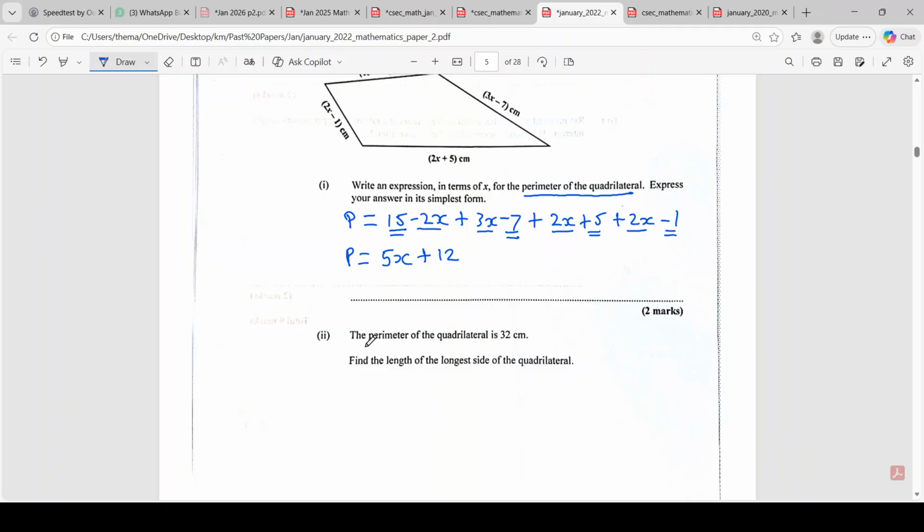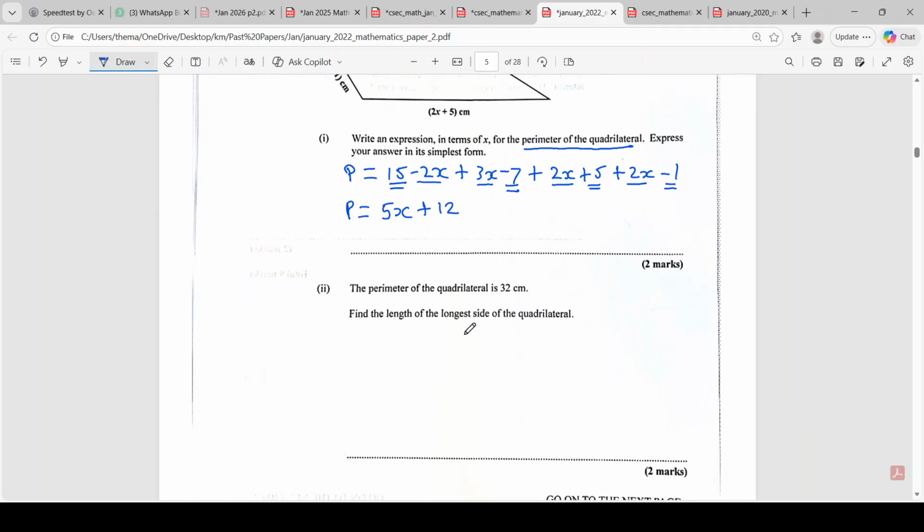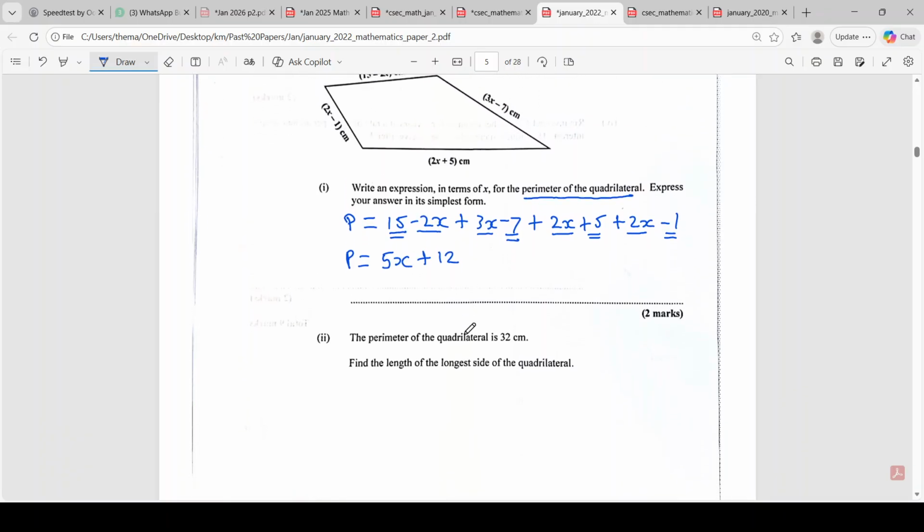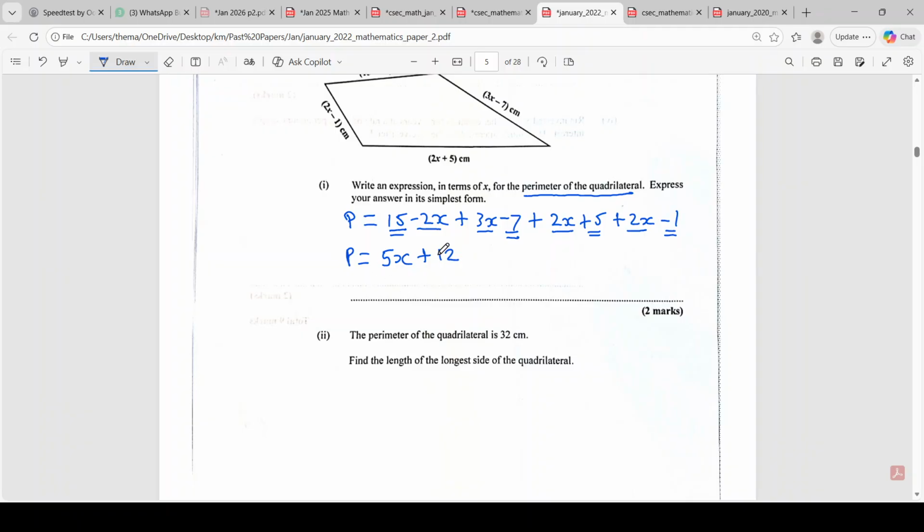Part 2 now tells us that the perimeter of the quadrilateral is 32 centimeters. Find the length of the longest side. So the perimeter is equal to 32, so now we will say 5x plus 12 is equal to 32, and I want us to solve for x.